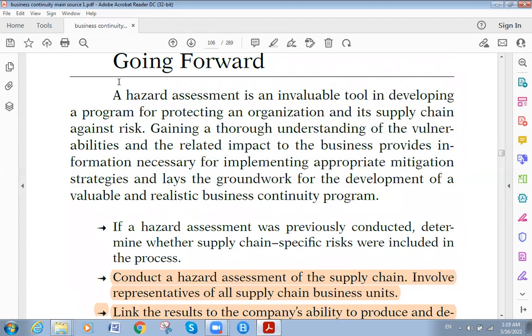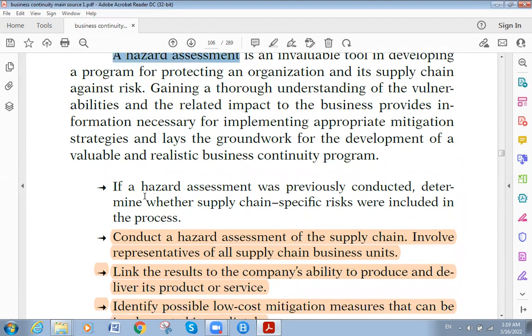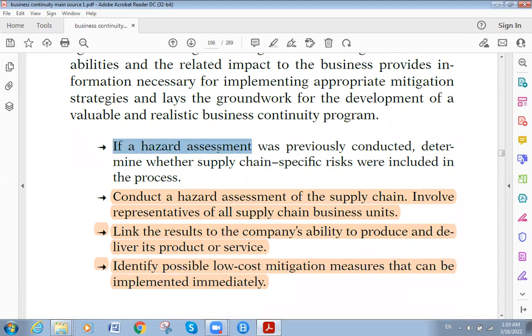So hazard assessment is very important. Hazard assessment means that you assess the future risk before it happens.